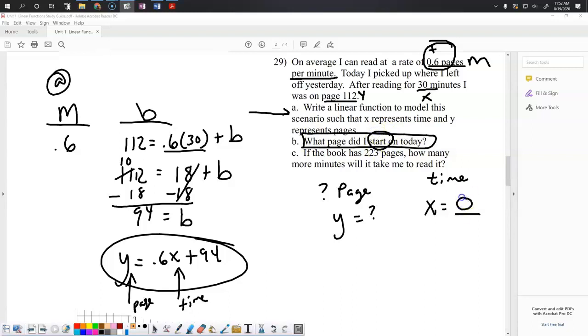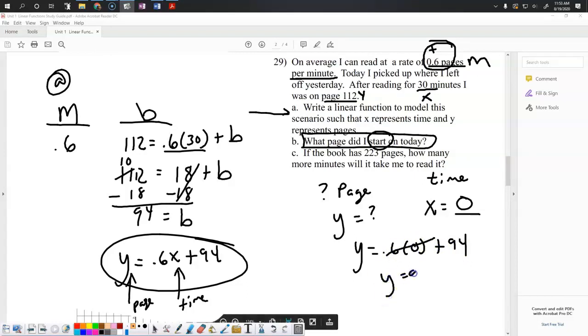The answer is 0. So for this one, you're going to plug 0 in for the x, and you're going to solve for y. So if I do that, this goes away, and I'm left with 94. So that means I must have started at page 94 at the beginning of the day. That must be where I left off yesterday.